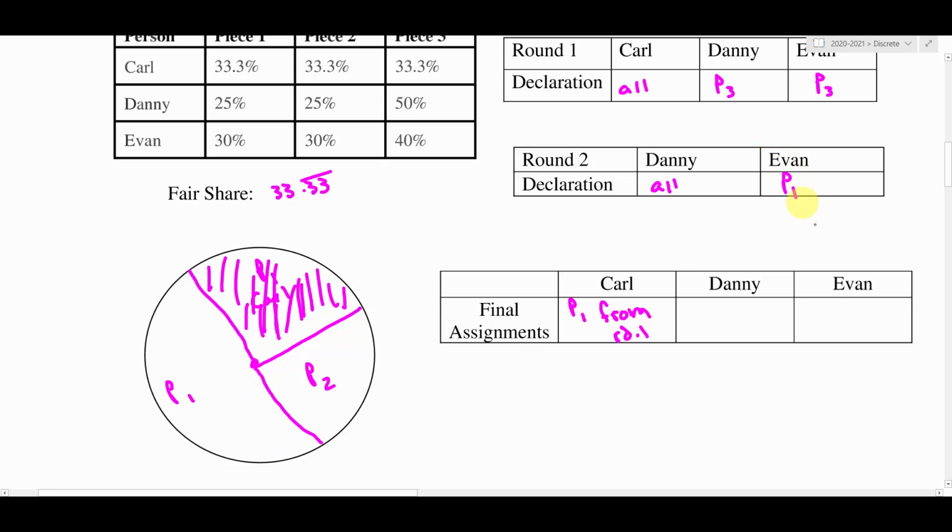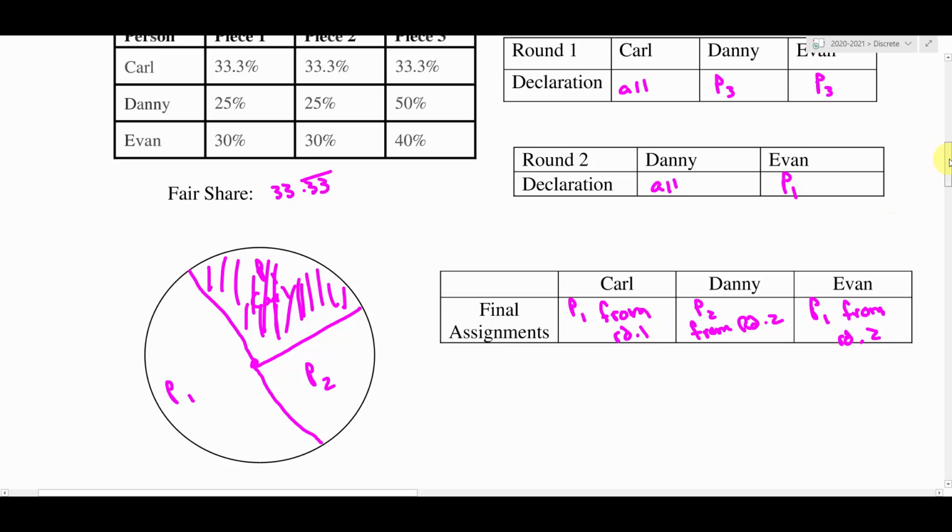Okay, so Evan is going to get piece 1 from round 2. Okay, and Evan would be happy with that piece, which means Danny's going to be left over with piece 2 from round 2. All right, and this would be the final assignment that results from the lone divider method.